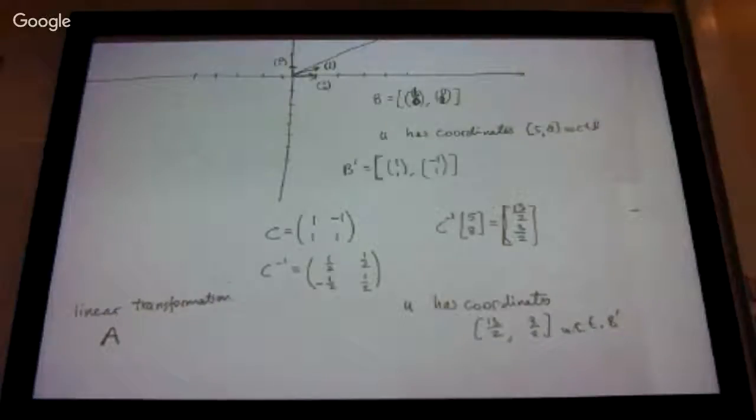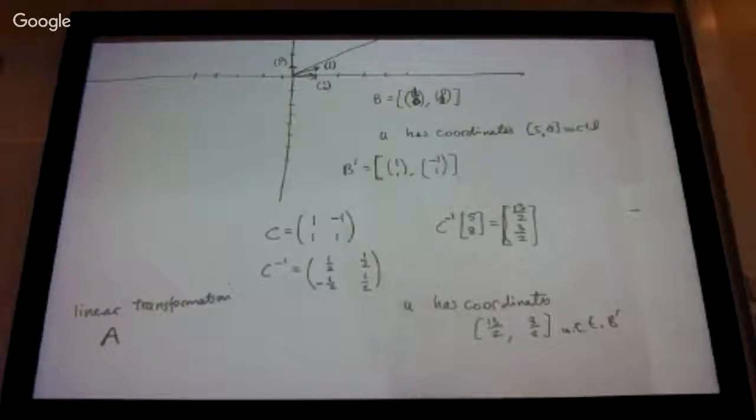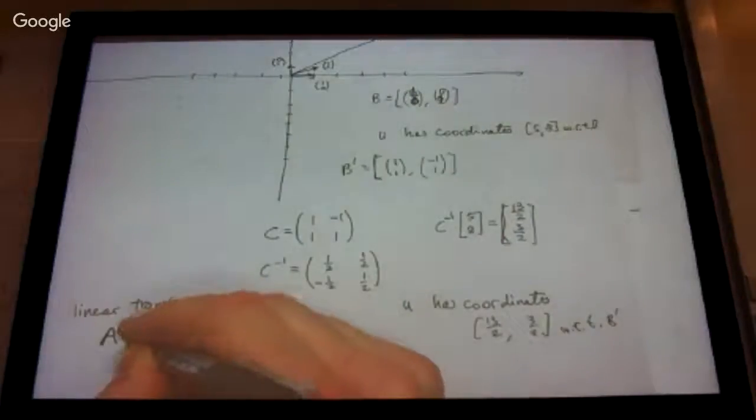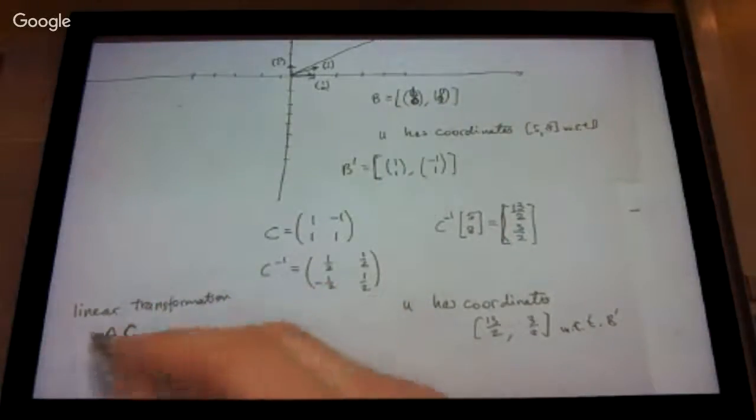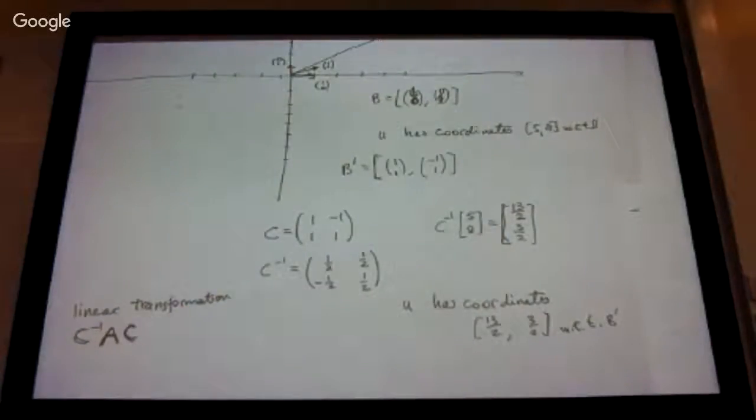But for some reason, all your vectors, you only know their coordinates with respect to this basis. So what does it do? Well, you want to convert the coordinates to the original ones. So if you want to know what this linear transformation does to it, you convert the coordinates, and then you do the transformation, and then you convert them back to the weird ones.